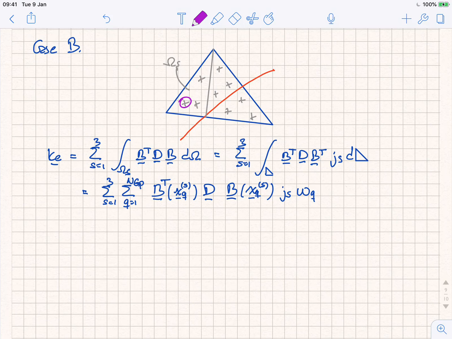The only difficulty is, well, you're performing integration at the smaller triangular element, right? But once you find out what is the x coordinate, the global physical coordinate for that integration point, you have to do an inverse mapping of the second, let's call this the second mapping, right?